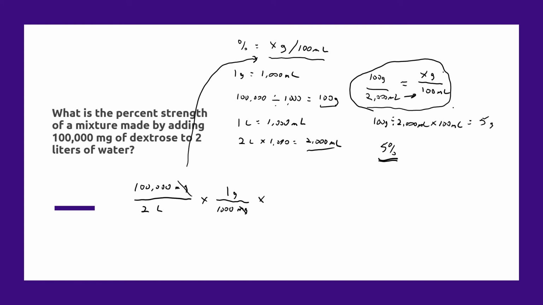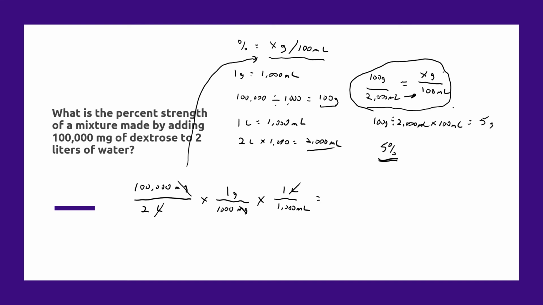Now that we've converted that to grams, we need to convert liters to milliliters. So we have to invert the original fraction we have all the way on the left, and we're going to put that 1 liter is equal to 1,000 milliliters. When we do that, the units cancel out, and now we have how many grams per milliliter.